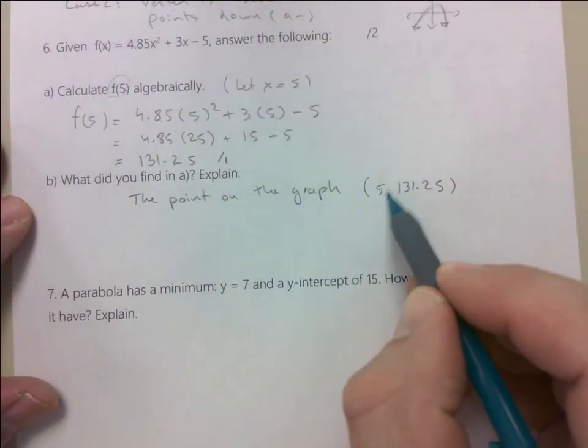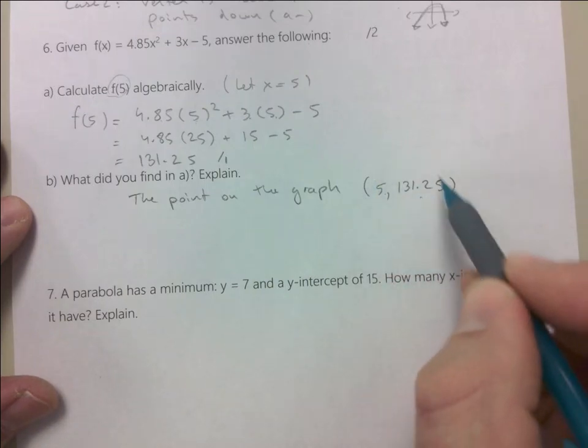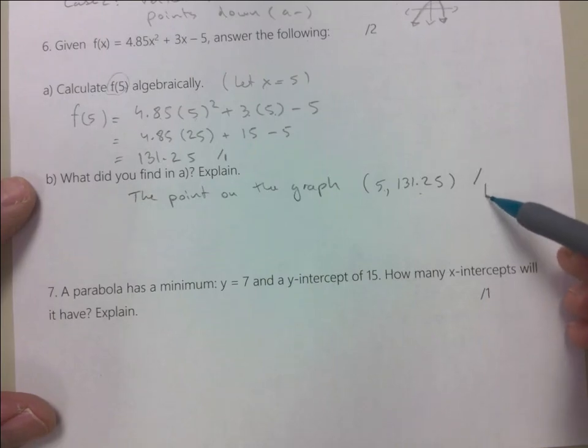Basically, when x equals 5, y would be 131.25. That's basically what you found. One mark for that.